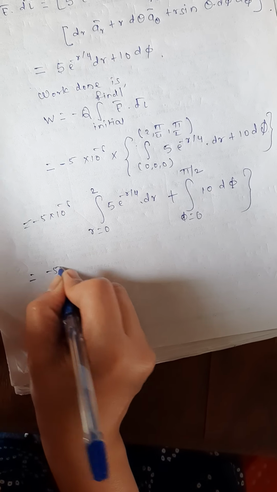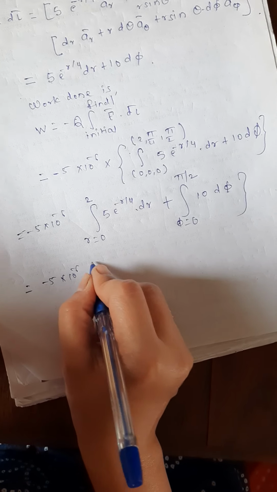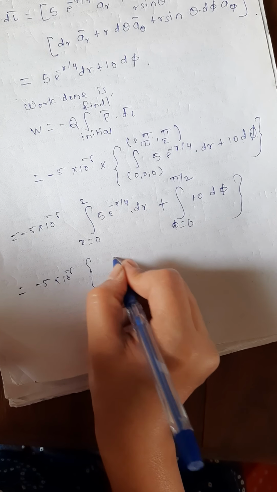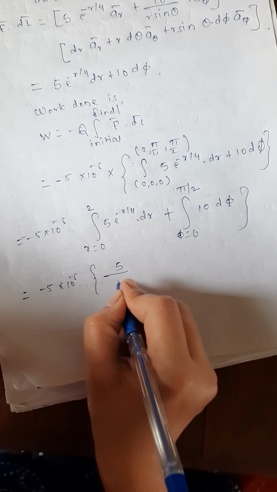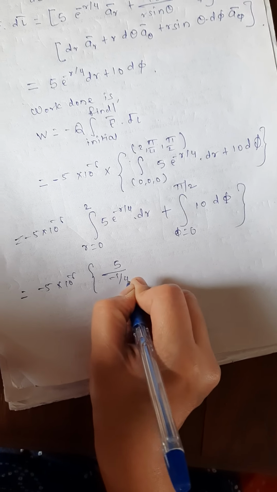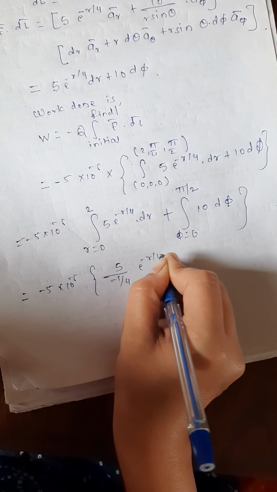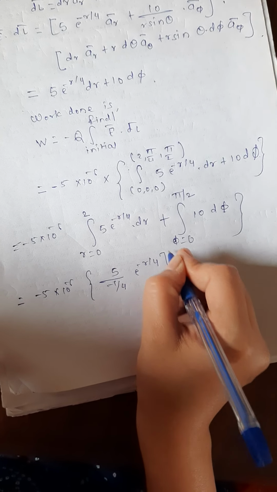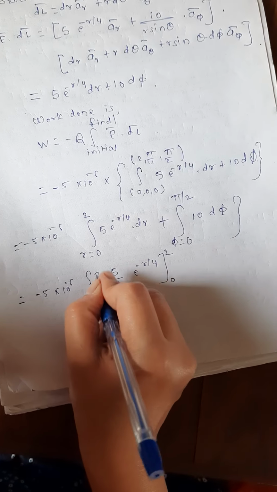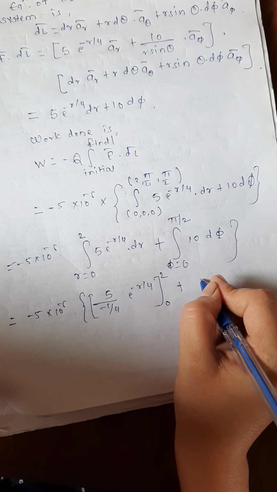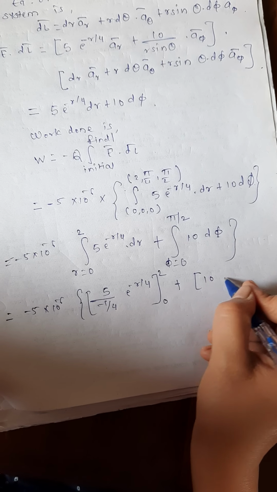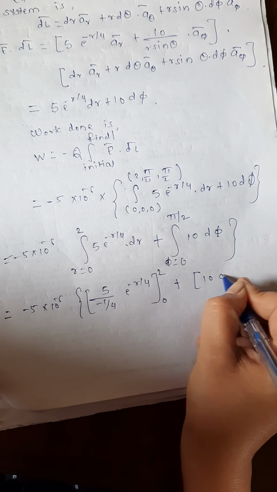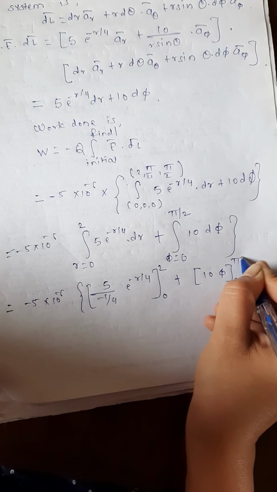Now minus 5 into 10 raised to minus 6. Solve the integration. 5 is constant, and the integral of e raised to minus r by 4 is minus 4 e raised to minus r by 4, with limits 0 to 2, plus 10 is constant, integration of d phi is phi, with value from 0 to pi by 2.